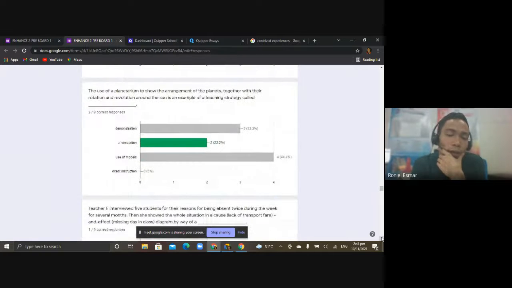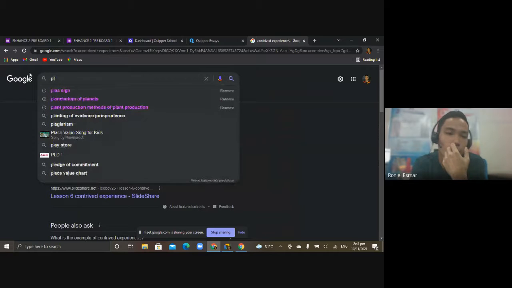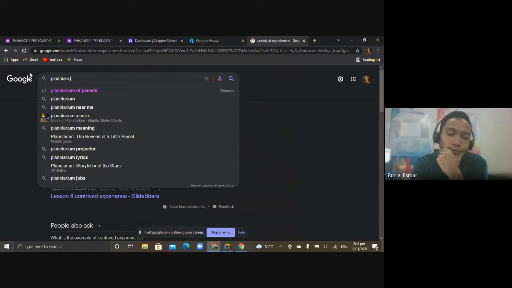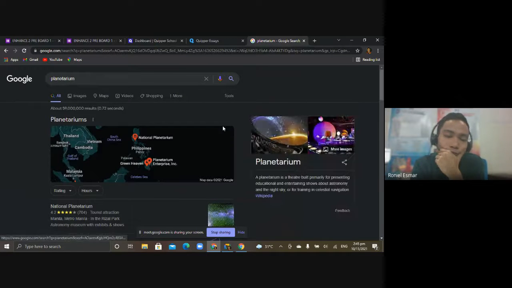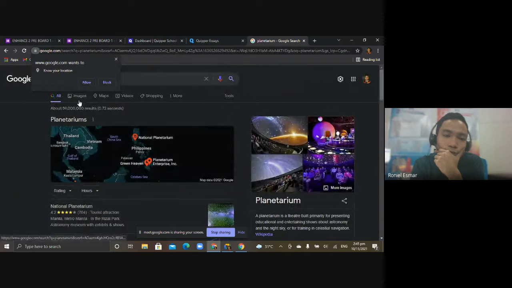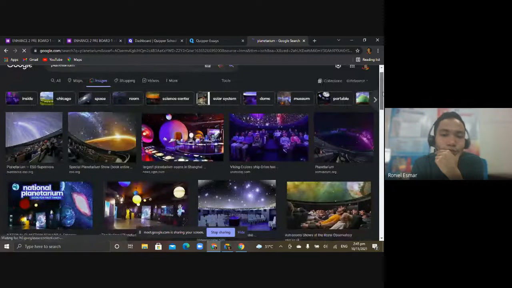Next item: the use of a planetarium to show the arrangement of the planets together with their rotation and revolution around the sun is an example of a teaching strategy called what? What do you mean when we say planetarium? Now let's look at what a planetarium is.